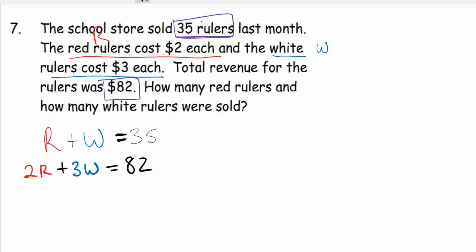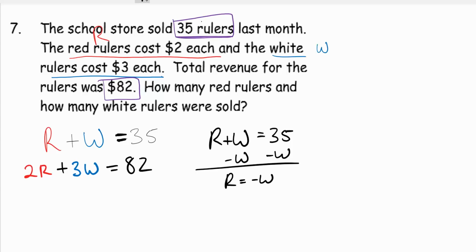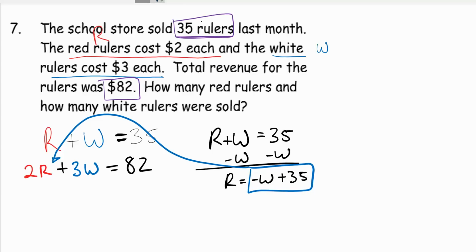So substitution, we could take this top equation and solve it for R. So subtract W from both sides, and we say R equals negative W plus 35. And then we could take this value and plug it in for R.